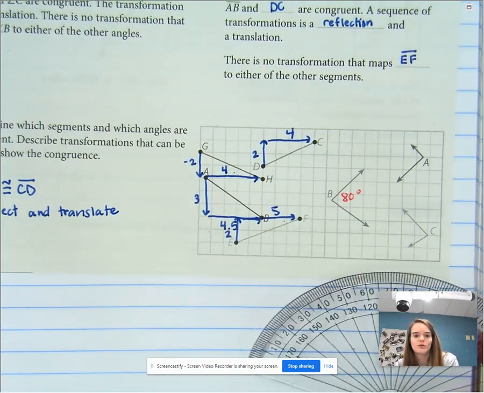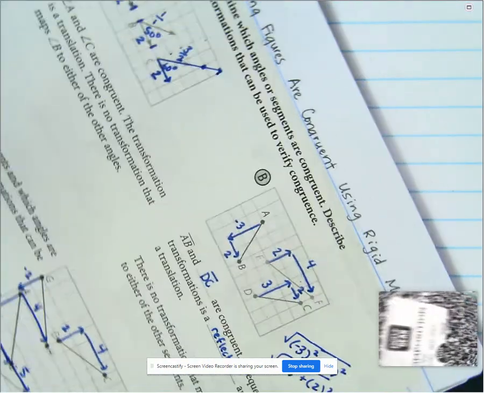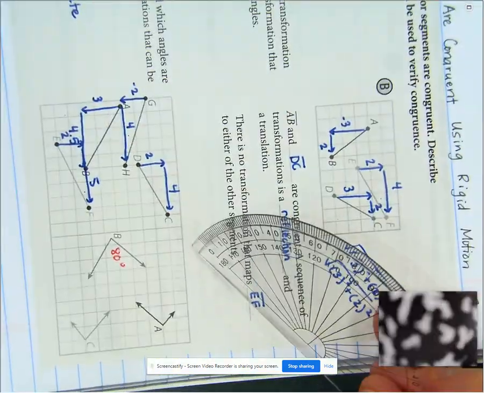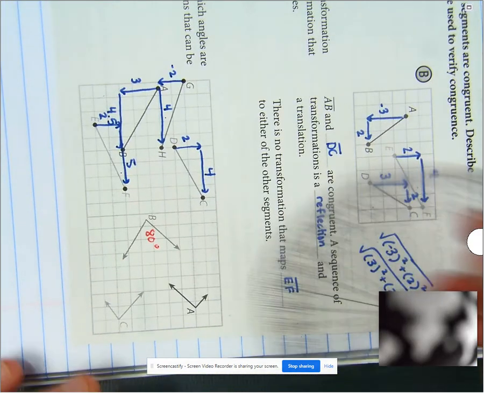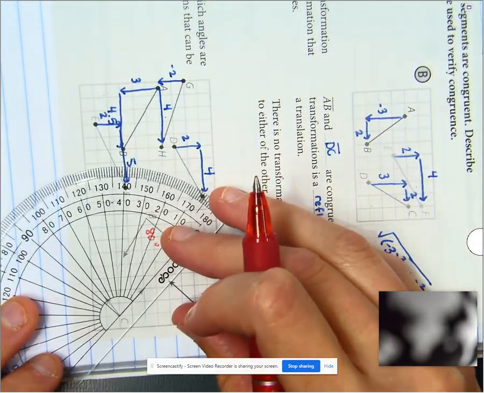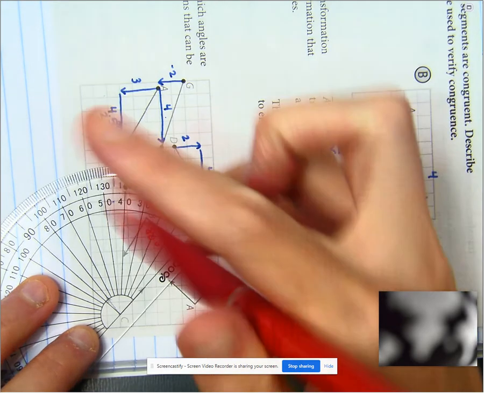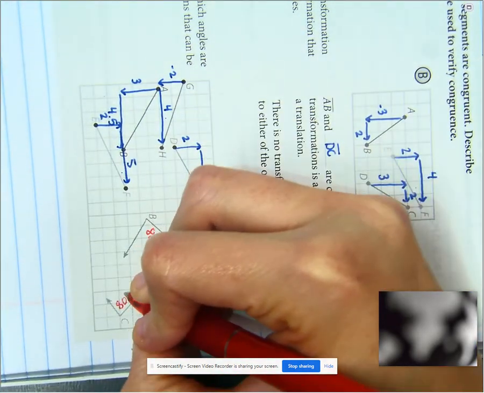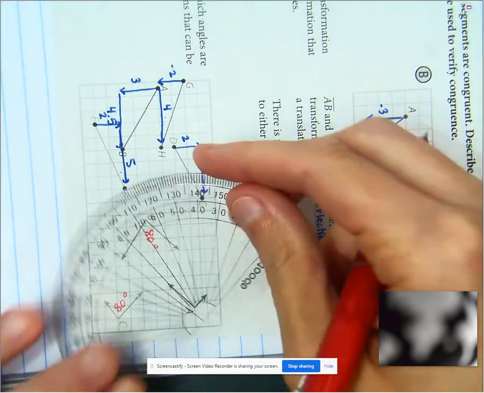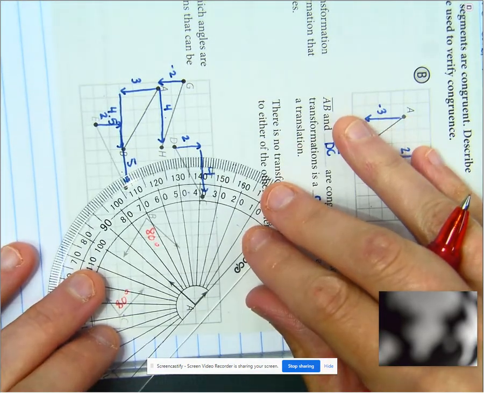I'm going to turn my paper to be able to do the next one. You can't see me when I turn it. That'll be okay for a few minutes. Alright, so I'm turning it so that I can put this down here. Okay. Oh, look. See, it points right to 80. I'm going to do it for this one. Oh, that one's 90.